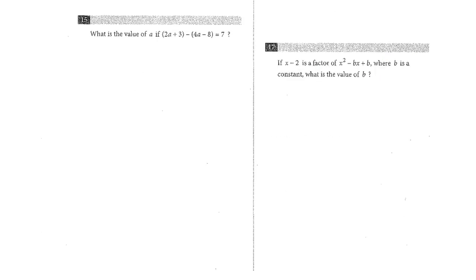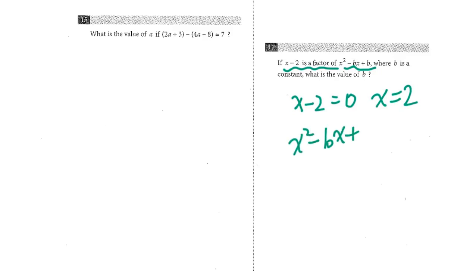For number 17, x minus 2 is a factor. If x minus 2 is a factor, that means x minus 2 equals 0, x equals 2 will be the solution for x squared minus bx plus b. It will be a solution.